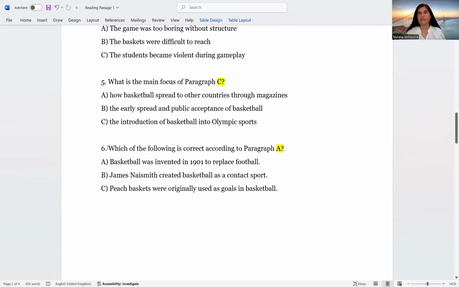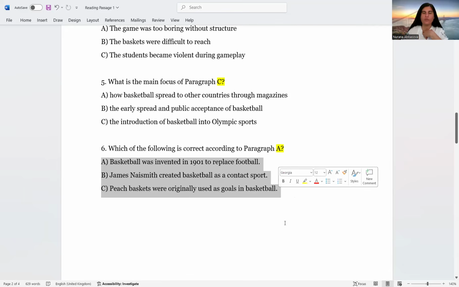So I will start with 6. It doesn't mean that you have to go in the same order. Which of the following is correct according to paragraph A? So we need to read paragraph A. We don't read the answers in the multiple choice question first. Why? Because it will distract you from finding the correct answer.